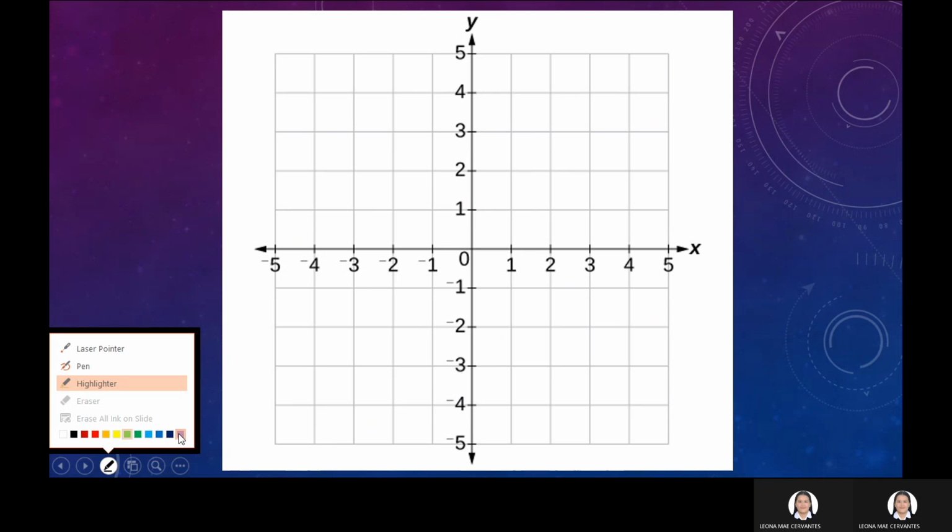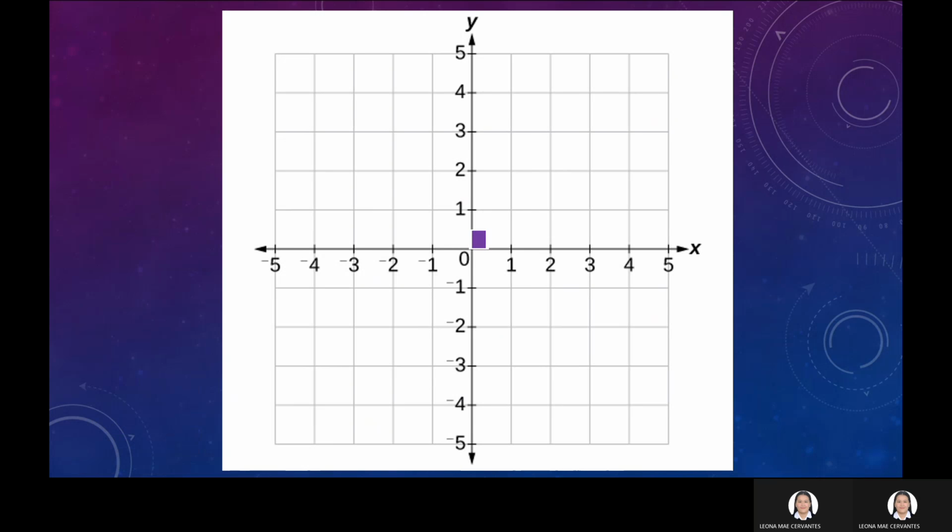Okay, so let's have another example of function. Okay, so this is an example of function since the vertical line touches only 1 point in this graph.